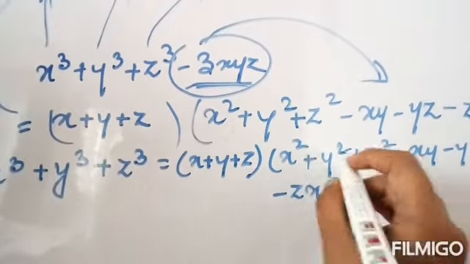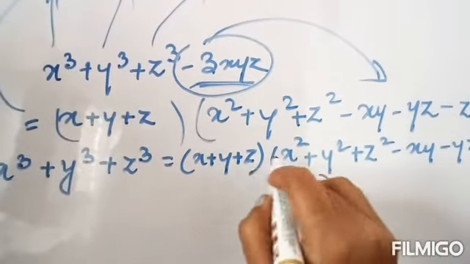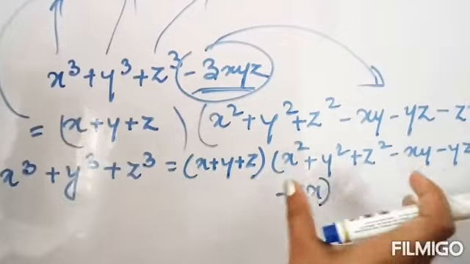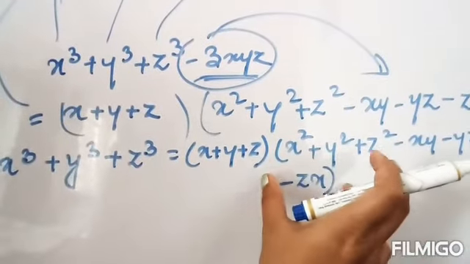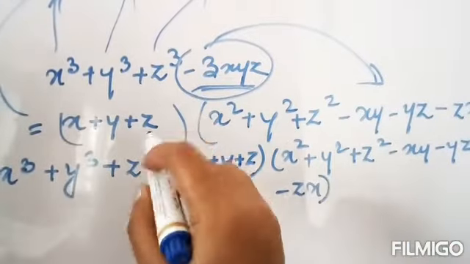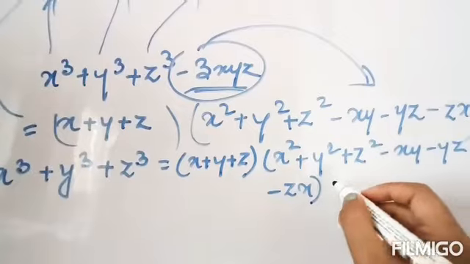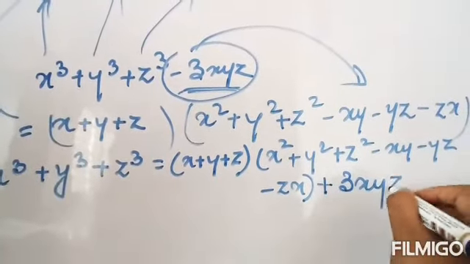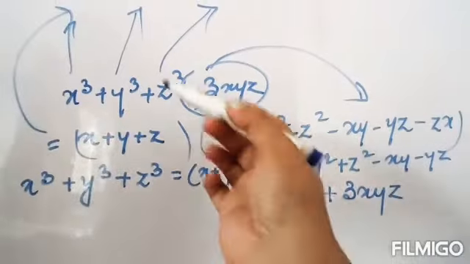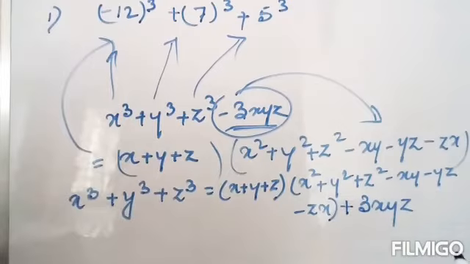We can consider this as one term, this as the other term. And since it was minus 3xyz, when we take it to this side it will be plus 3xyz. And accordingly we will substitute and see what it comes.